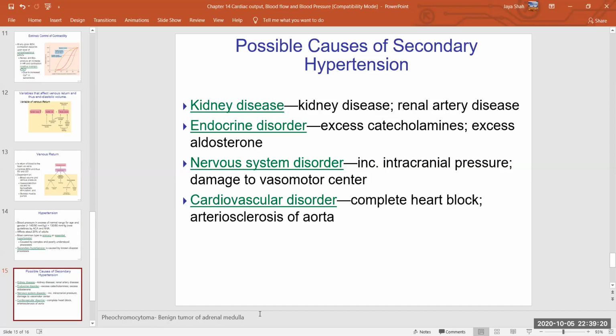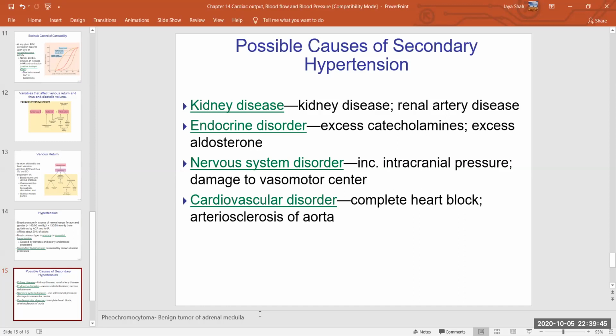So the adrenal gland's medullary part contains a tumor called pheochromocytoma that produces a lot of catecholamines, and that causes high blood pressure. This kind of high blood pressure is very serious. Even treatment will not touch it so easily. In that case, you have to remove the tumor.